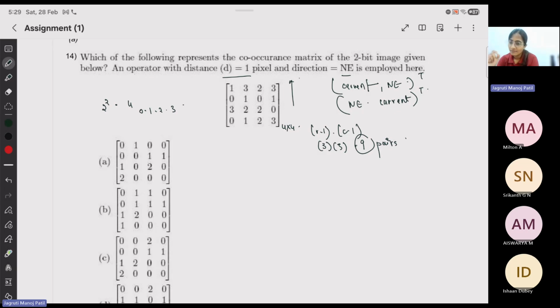To calculate the valid northeast neighbors, you'll start from the list of rows, for each one of the rows. Let's say for row 2, row 3, row 4, you'll compute the number of equal pairs that you have. For those pairs, you'll compute the minimum distance.